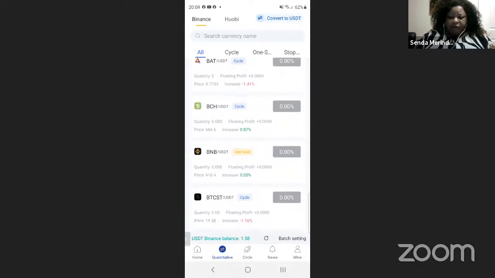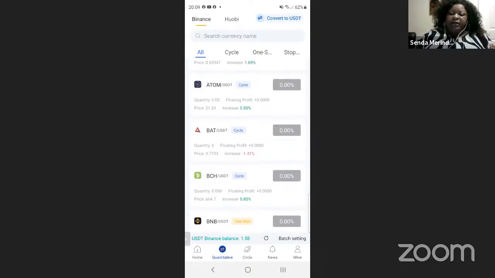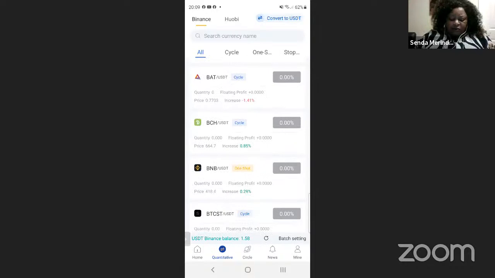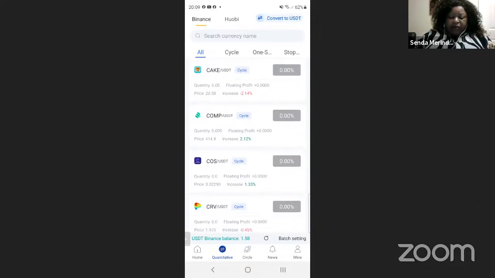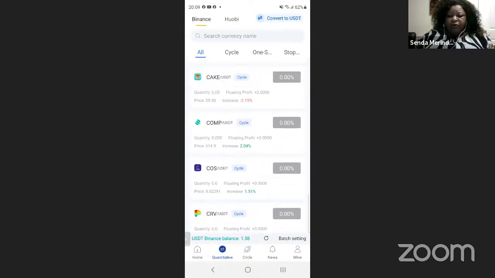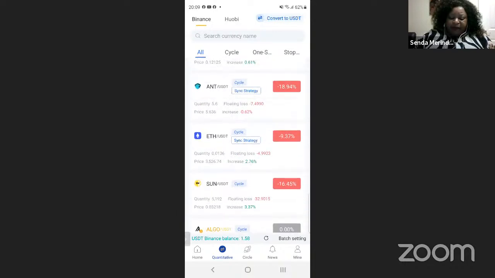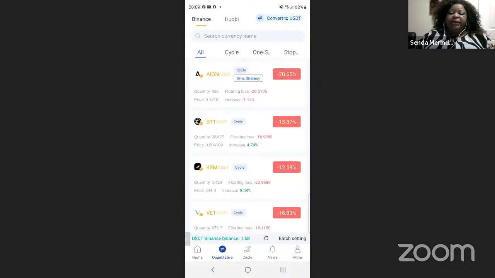You all know that Bitcoin is the master crypto coin. All of these other ones are just coins that have come on the market. Some of them are still new. They are not yet volatile. So you have to be careful which coin you want to choose. You want to look at the coins that are really volatile in the market, meaning that they are moving up and down.